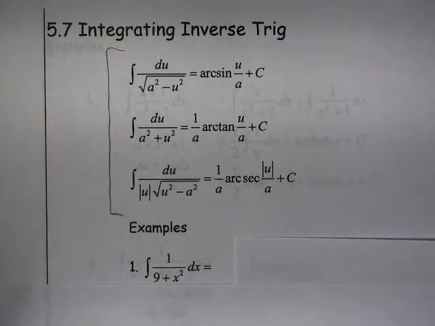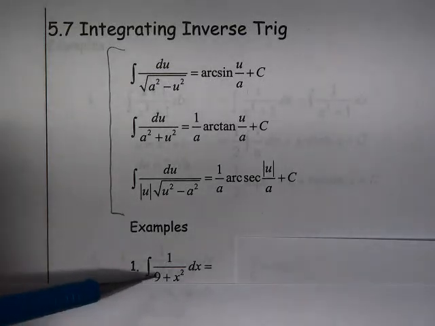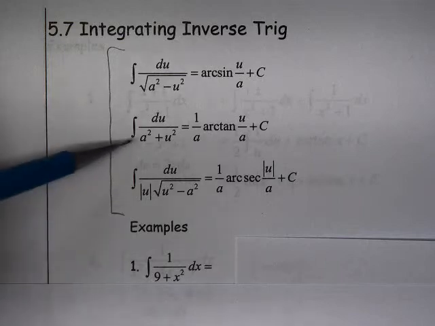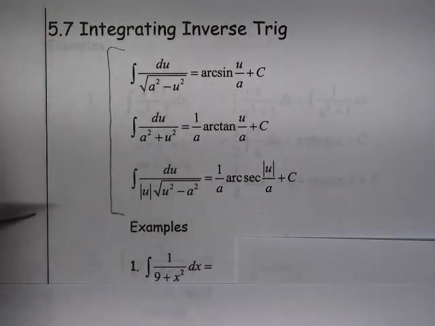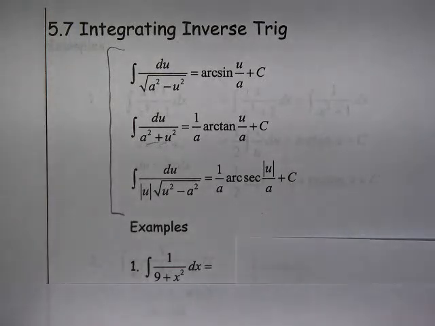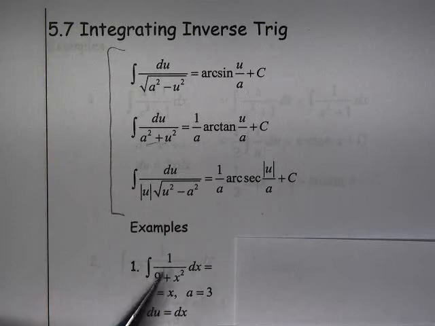Okay, so in this first example, we can see when we take this problem and we look up at our three choices, it looks the most like this, right? So it looks like we're going to end up with an arctangent when we do this integration. So we have a constant squared plus some function of x squared, and we can really write it just like that if we substitute u equals x and a equals 3, and we can match that pattern exactly, right?